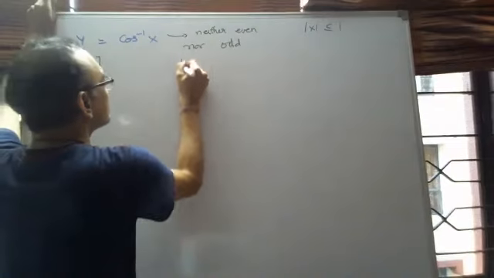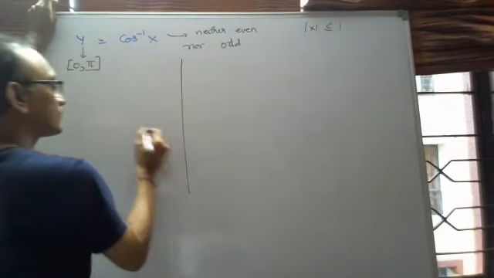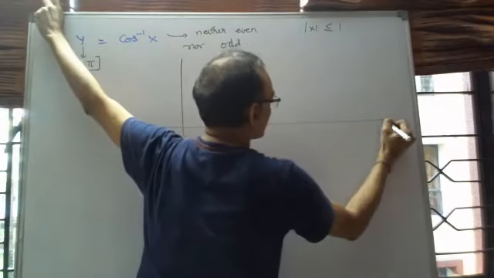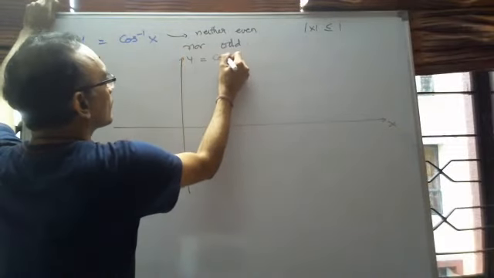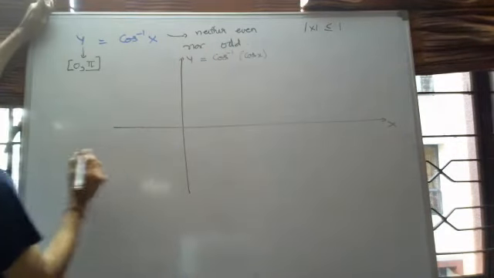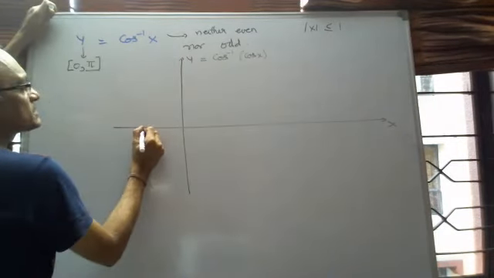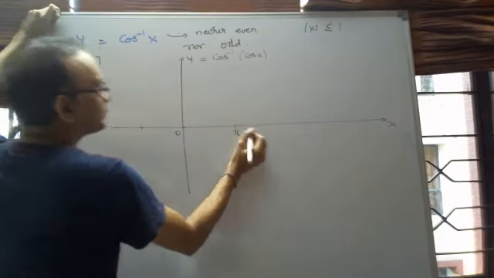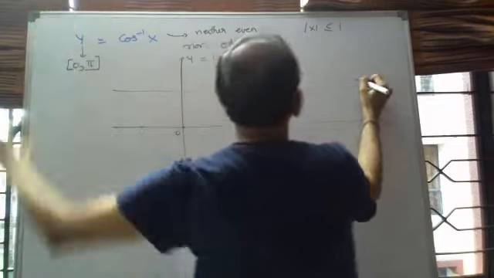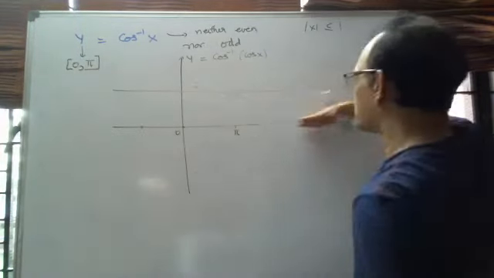In fact, let me draw the graph. Look, what is the principal value of cos inverse? 0 to pi. So cos inverse will lie between y equal to 0 and y equal to pi.